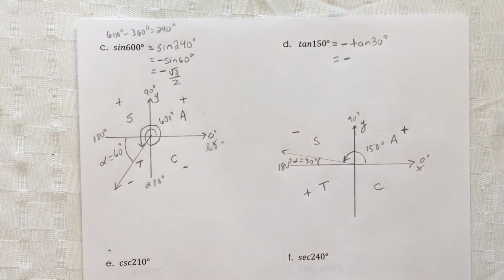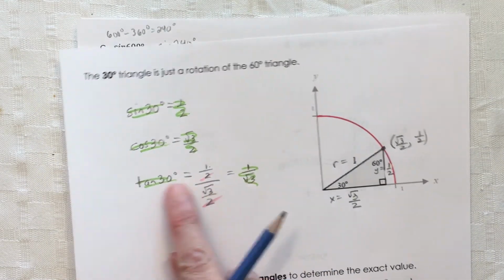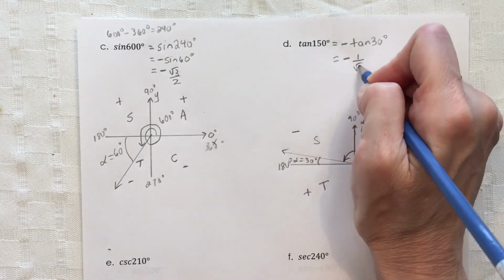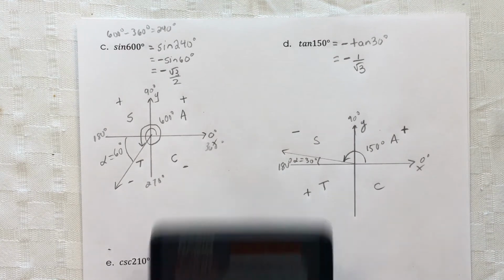So the tan of 150 is going to be negative tan of 30 degrees. So it's going to be negative, and then the tan of 30 degrees was 1 over root 3. So it should be negative 1 over the square root of 3. Okay, so again, let's try those.